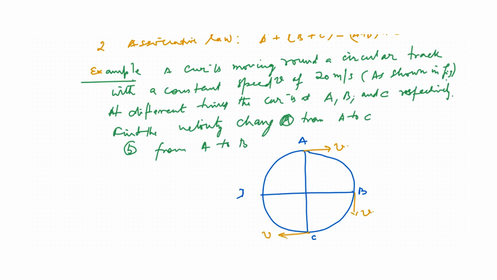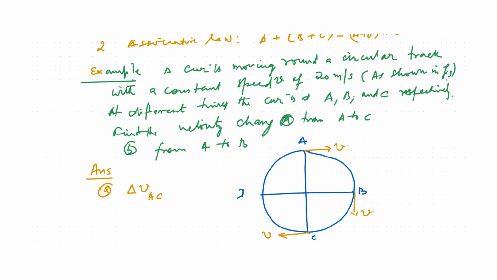Now let us discuss (a). We have been asked in (a), from A to C, what is the change in velocity? So we have been asked the change, that is delta V, between A and C. So what shall we write?